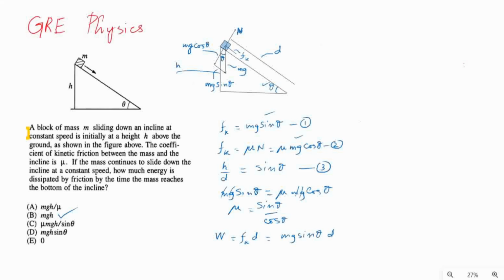Now from equation number 3, sine theta is equal to h by d. This was the purpose for writing equation number 3. So mg times h by d times d. Now d and d cancel out. So this is equal to mgh, which is the same answer as coming from the energy consideration.